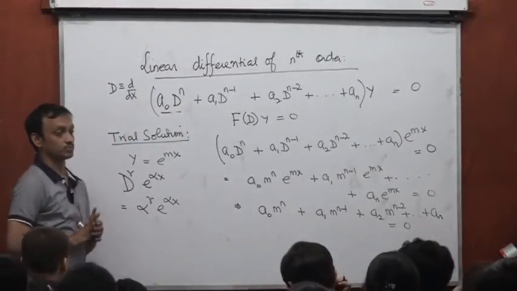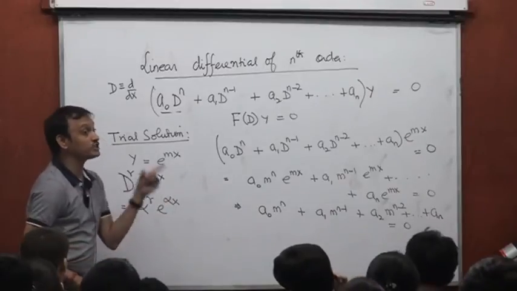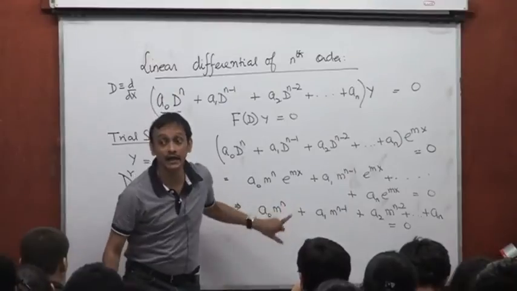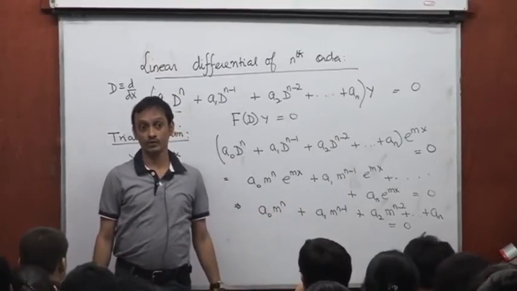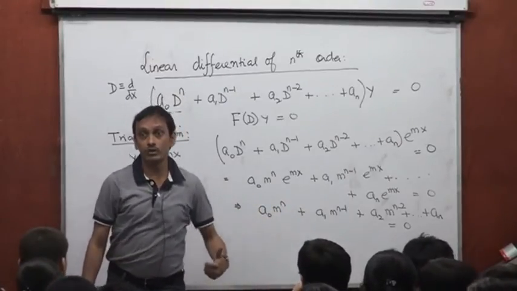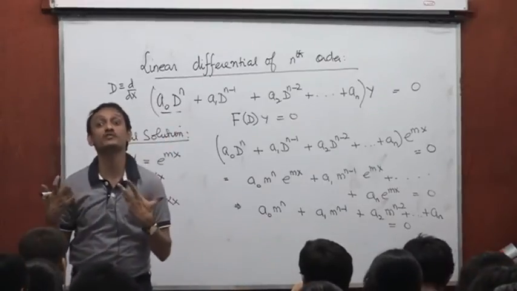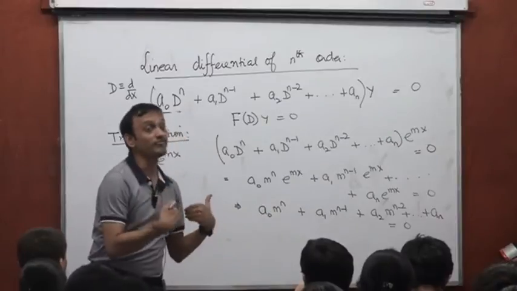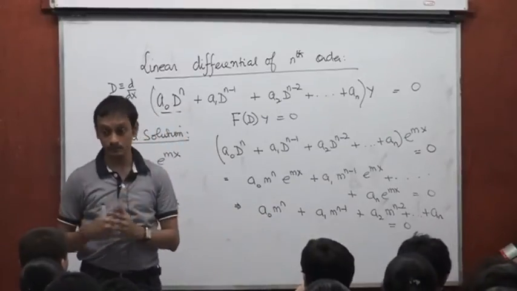What is this? It's a polynomial of degree n in m. So in general, how many roots will exist for this polynomial? N roots. So n values of m can be found: m1, m2, m3, ..., mn.